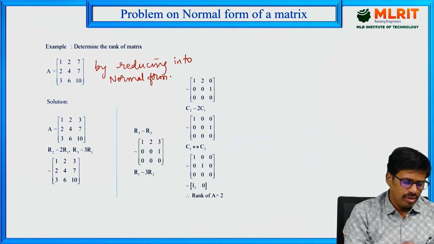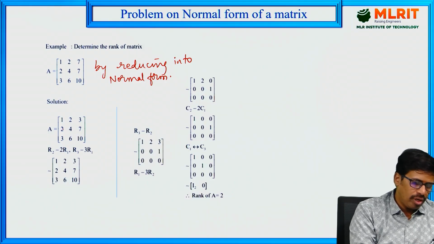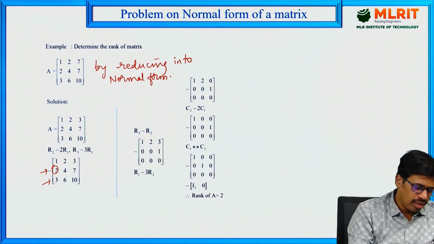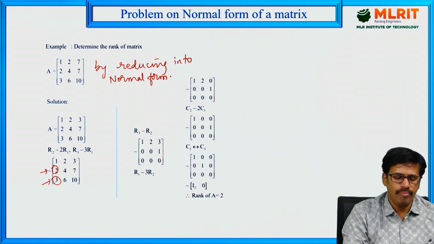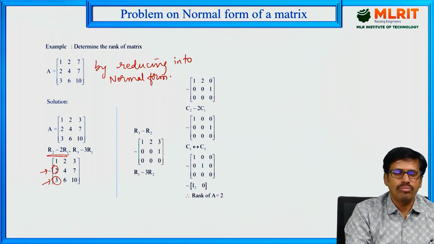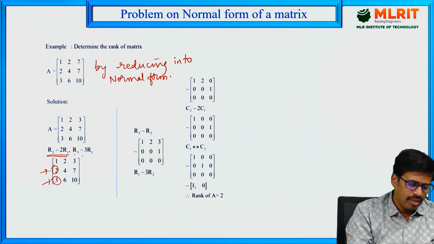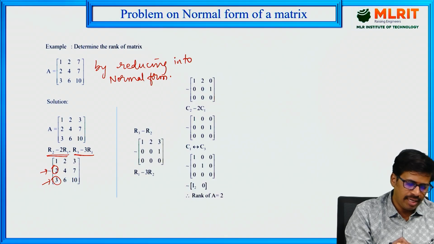So first of all, I have to get zeros at this place and this place to reduce the matrix into echelon form. I apply row operations R2 minus 2R1 and R3 minus 3R1.